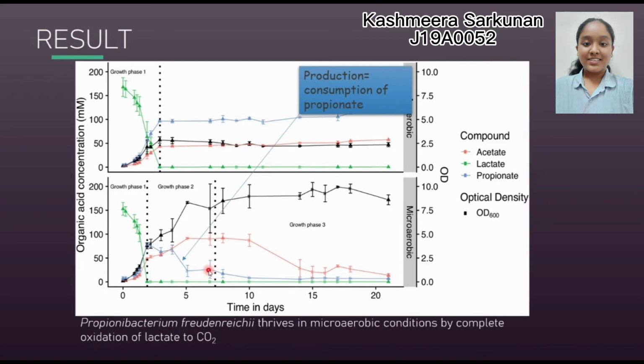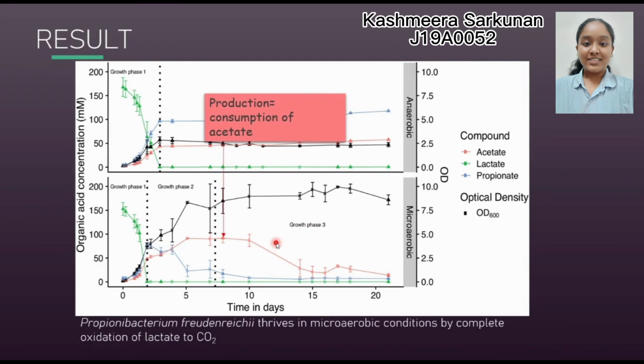Similarly, the acetic switch can be derived as the switch from production to consumption of propionate when lactate is depleted in the presence of an electron acceptor in P. freudenreichii, the propionate switch. So let's move on to the third phase.